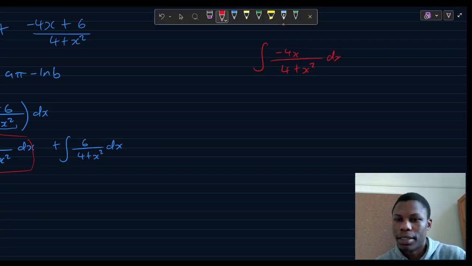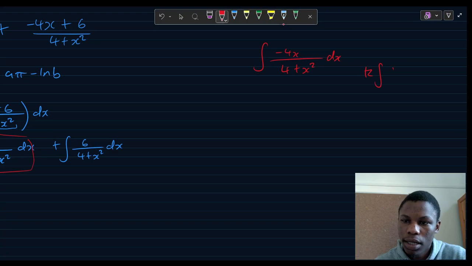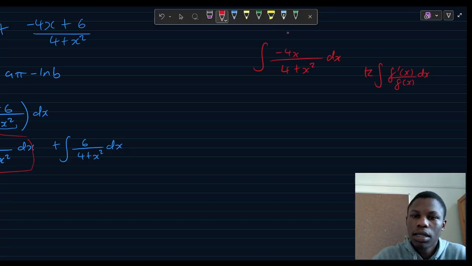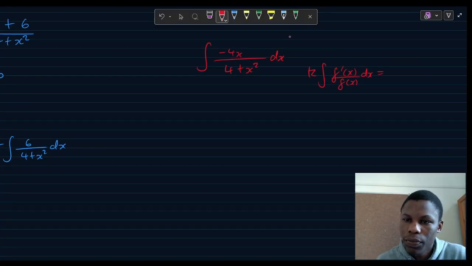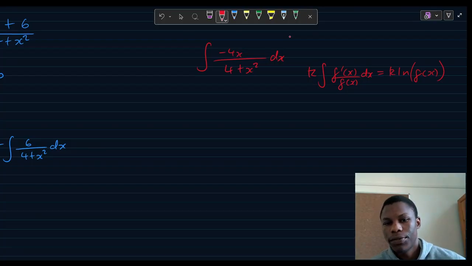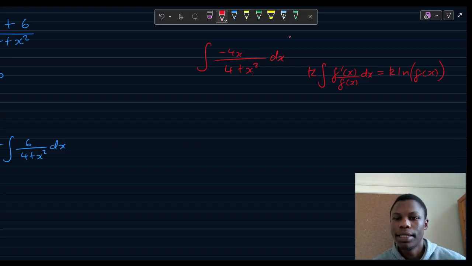We've got the integral of -4x over 4 plus x squared with respect to x. So the idea we want to use here is that the integral of k f prime of x over f of x with respect to x is equal to k ln f of x. This is what we want to use, right? If you differentiate your denominator and you find that your numerator is the derivative of your denominator, then you can use this form.